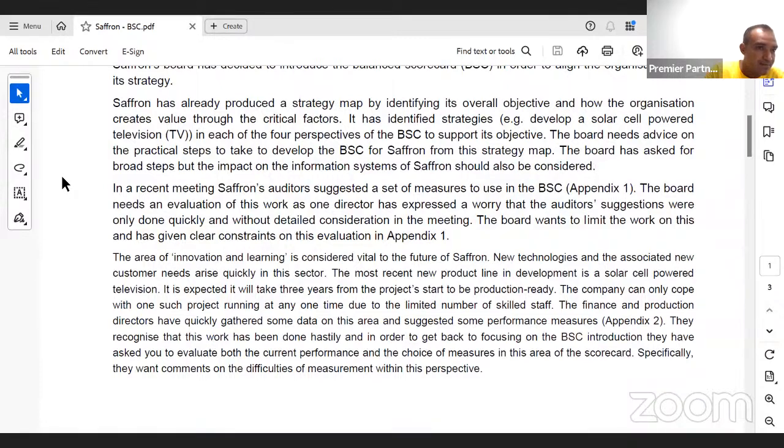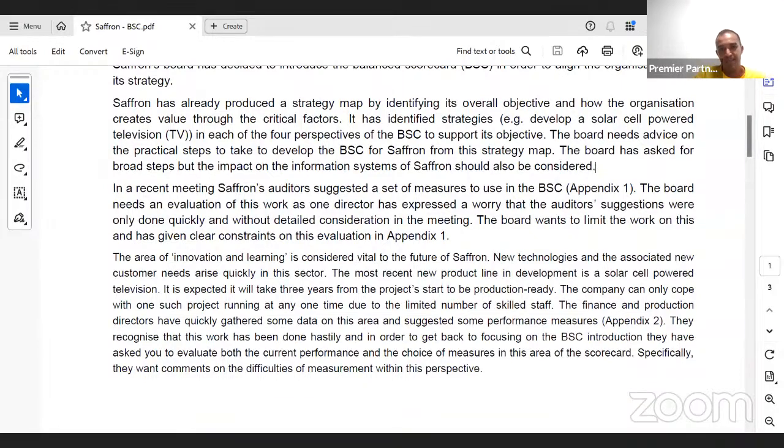The map is what you just showed us. So that is the BSc. You use balanced scorecard as a tool to implement your strategy. So strategy mapping means that. You need to map the direction. So that's the direction.